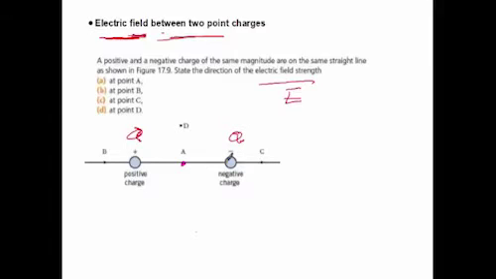As we know, the lines for the negative charge are going inside. For the positive charge, the lines are going out of the charge.